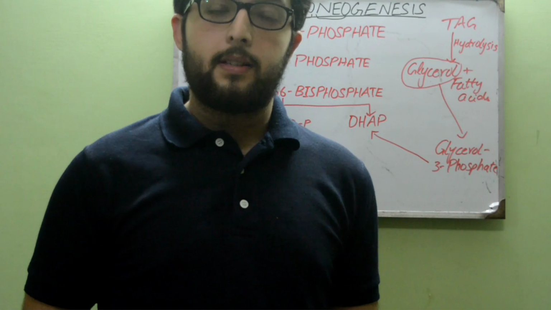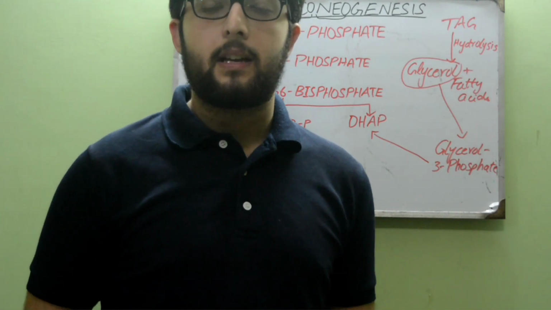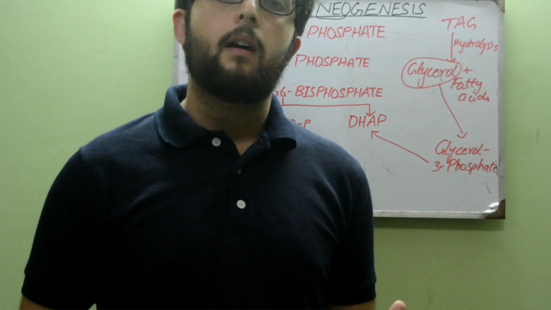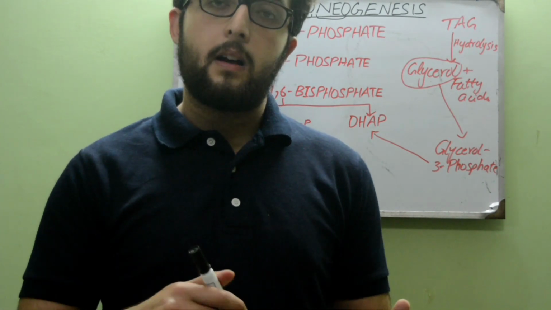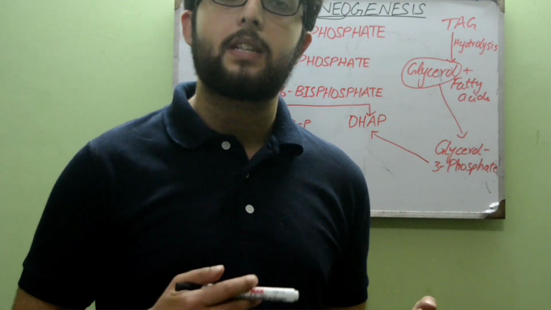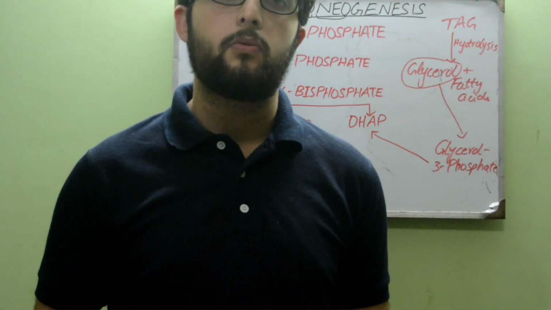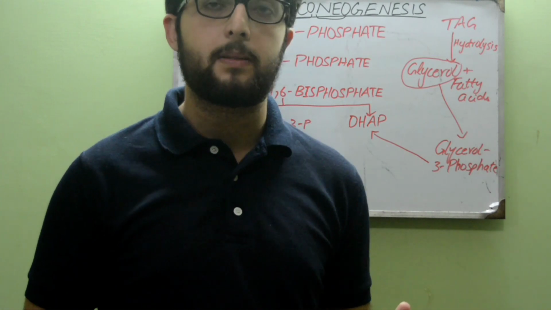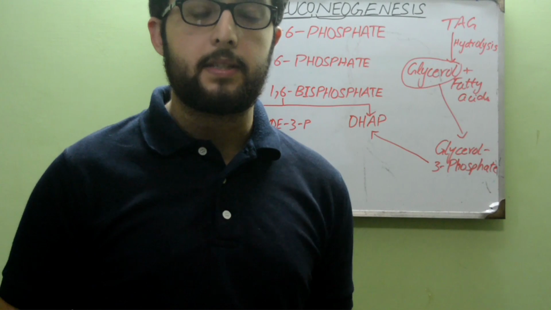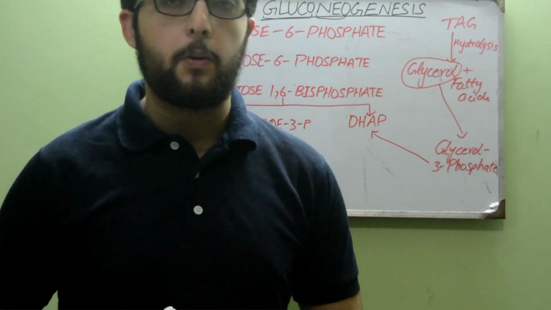Alpha ketoglutarate, as I mentioned in the video on the TCA cycle, is an intermediate in the TCA cycle, so it can ultimately yield oxaloacetate, which is converted to phosphoenol pyruvate, I'll just explain. And similarly, pyruvate can also be converted to oxaloacetate. Now, how does that occur? We'll see.